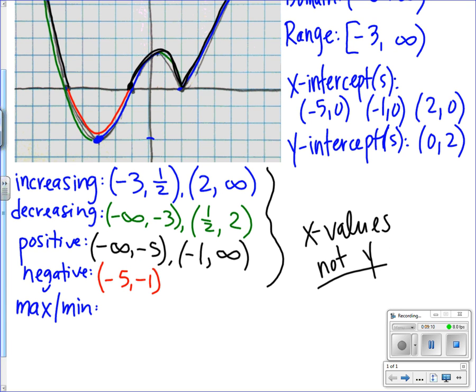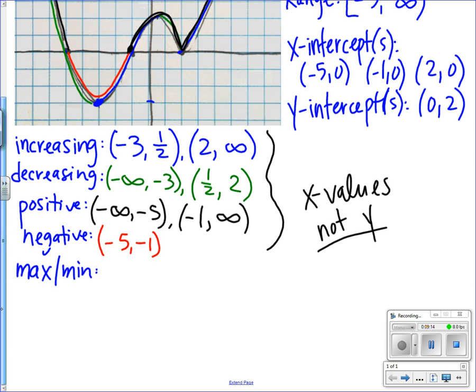And this is going to be a minimum point, right? Because nothing will go below that. So it's going to be a minimum. So we're going to circle minimum, because this is what you'll do on your homework and stuff. Circle minimum, and then what is that ordered pair? What is that point? Negative 3, negative 3.